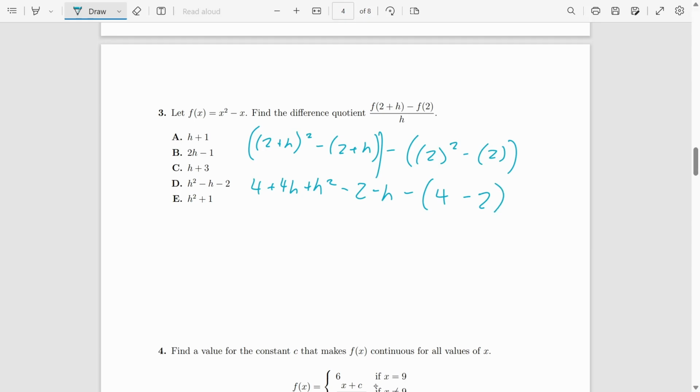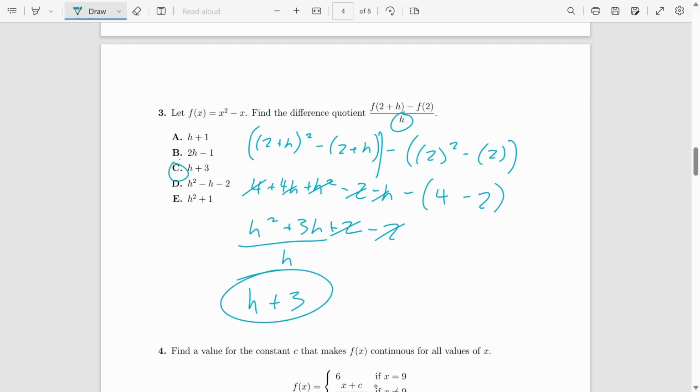Okay, so then this becomes h squared plus 4h minus h, which is plus 3h, plus 4 minus 2 is plus 2. Oh, that's out. And then minus 4 minus 2, which is minus 2. Okay, so these cancel out too. So we're just left with h squared plus 3h. Remember, we're dividing all of this by an h. I just haven't been writing it this whole time for redundancy, so that becomes h plus 3. Boom. C is our answer.